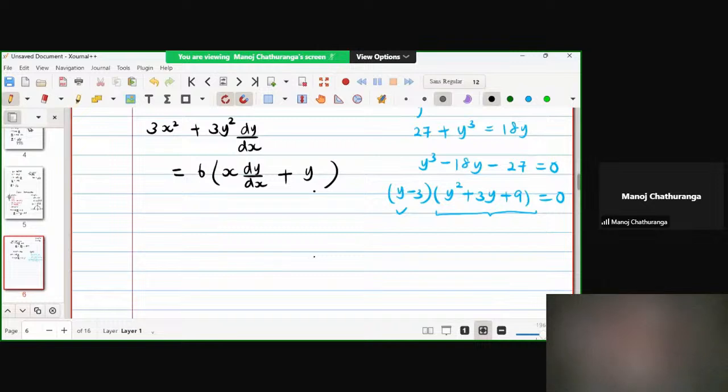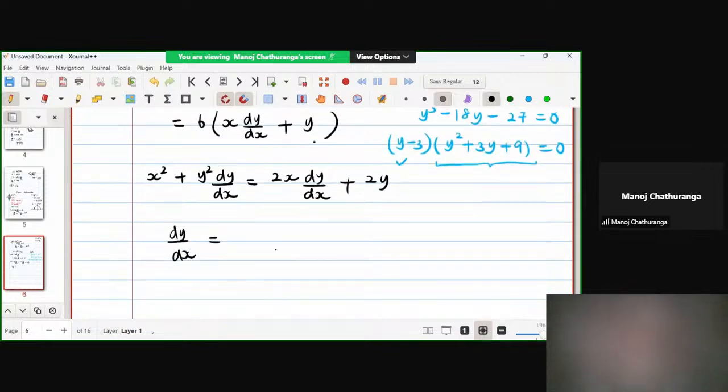Divide both sides by 3, and get x squared plus y squared dy over dx equals 2x dy over dx plus 2y. Now solve this for dy over dx. That would be 2y minus x squared divided by y squared minus 2x.